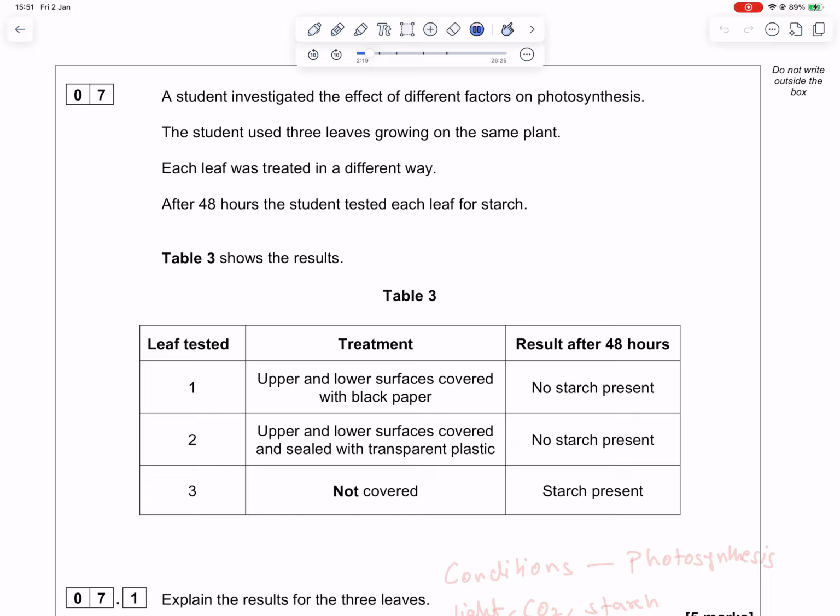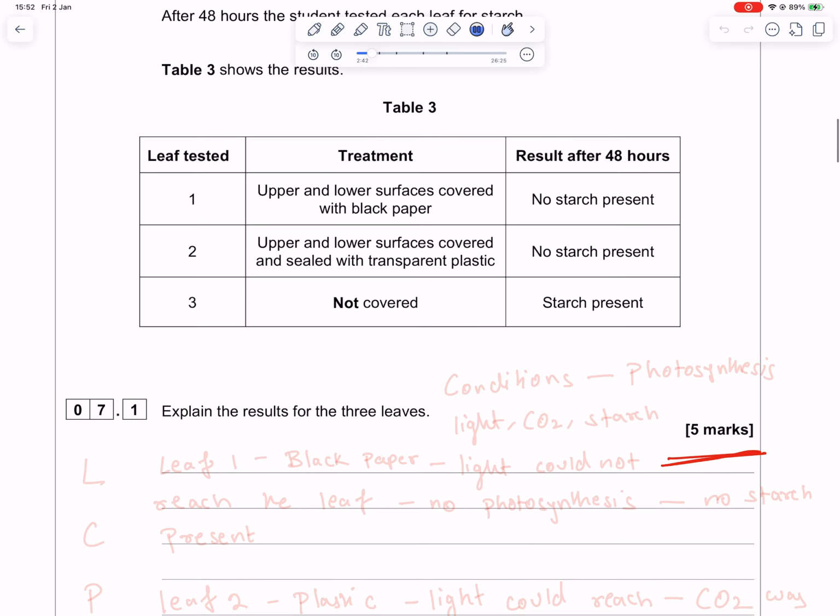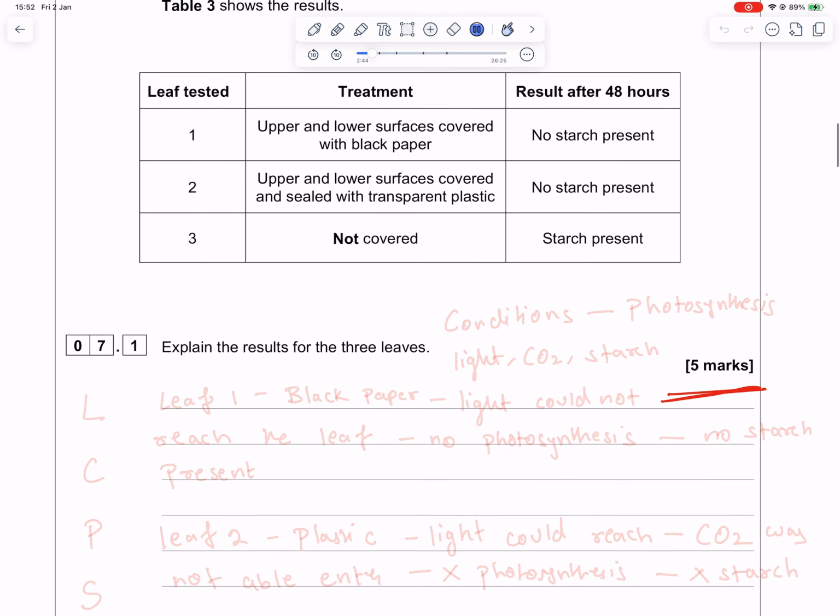Now let's look at the data given here. A student investigated the effect of different factors on photosynthesis. The student used 3 leaves growing on the same plant. Each leaf was treated in a different way. After 48 hours, the student tested each leaf for starch. There's a table given with the leaf tested, leaf 1, 2, and 3, and the treatment.